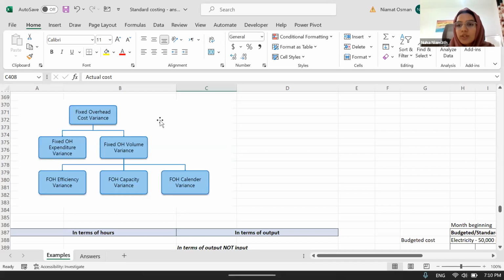Okay, so now let's look into each component. How do we calculate absorbed cost using hours? If hours related information is given in the question, how will we calculate absorbed fixed overheads?